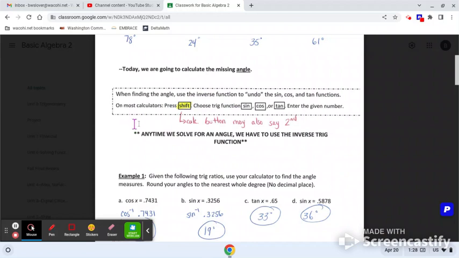But in red, some of your calculators may say second. So you'll have to hit that first and then the function, whether it's sine, cosine, or tangent. And any time that you solve for an angle, you have to use the inverse function. It's extremely important. That's why it's in bold. Probably something you should write on your reference sheet.